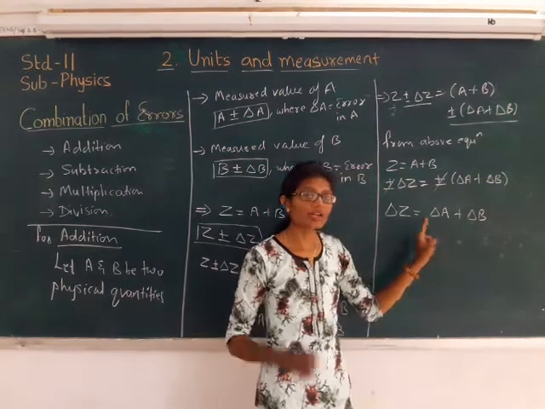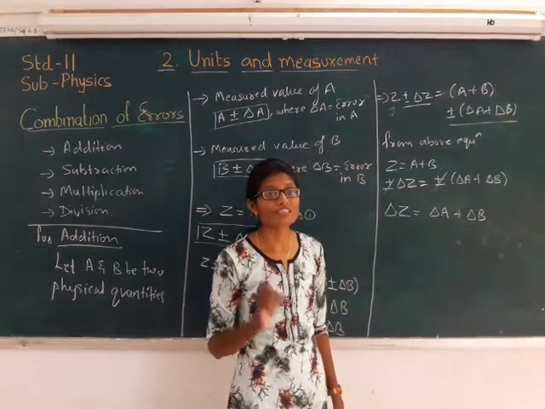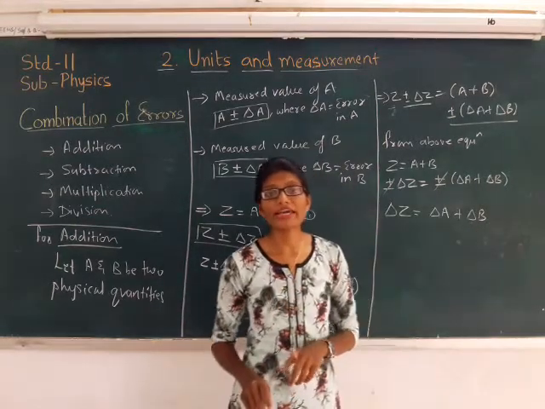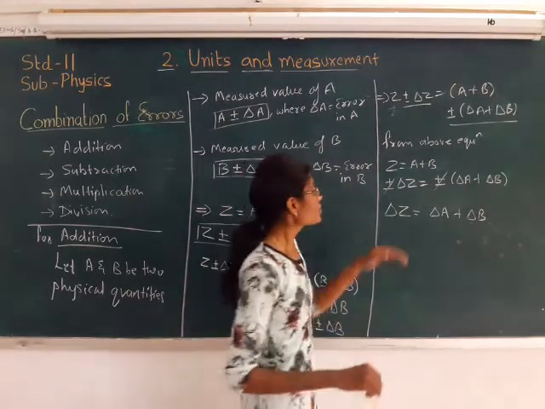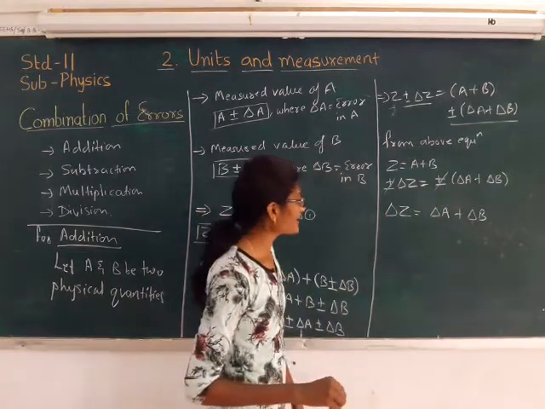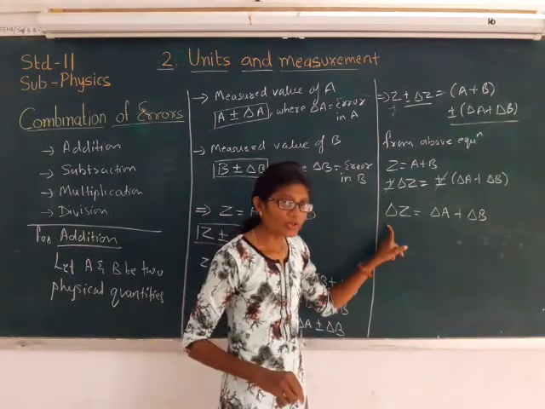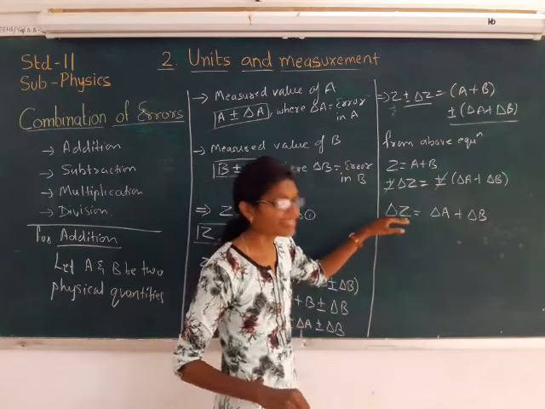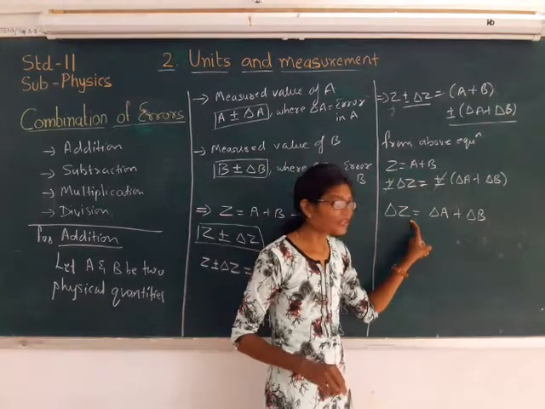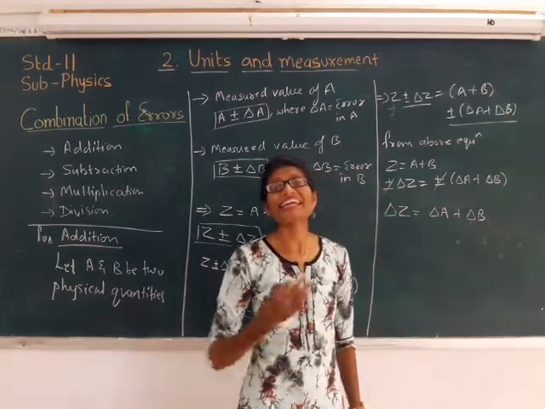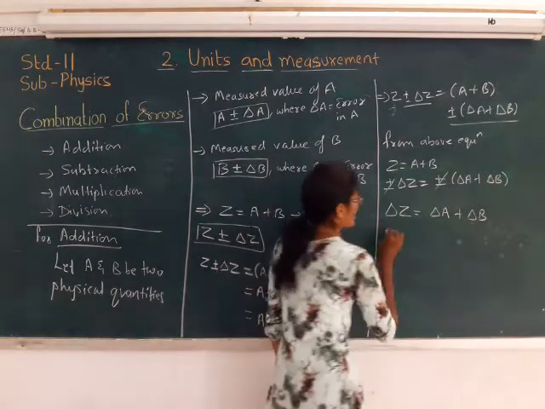Delta A is what? Absolute error in physical quantity A. Delta B is what? Absolute error in physical quantity B. So from this equation, we can write that the absolute error in the result is equal to the summation of absolute errors in the individual quantities.